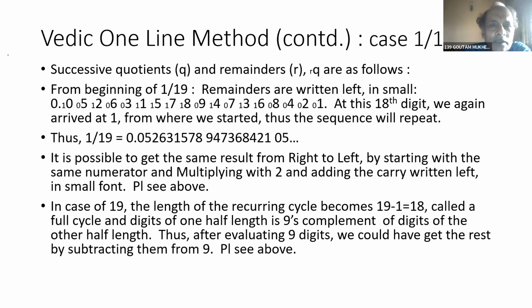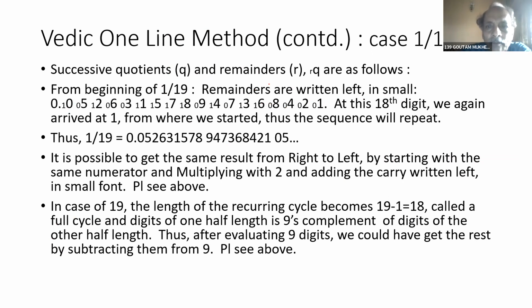So I start with this one again. I repeat. How did we do yesterday? 1 by 19. I started with 1 here. I'm showing the opposite direction today. 1, and there is nothing carry here.